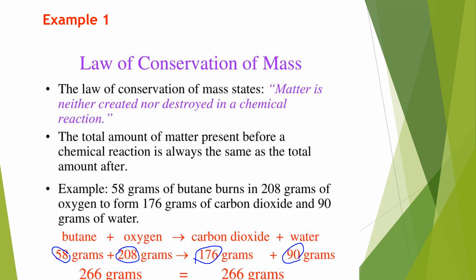If we add these amounts, it will give me 266 grams. It's totally equal to the amount of the reactants, which is 58 plus 208. It will give me 266 grams. This confirms the Lavoisier law, that the total mass of the reactants is equal to the total mass of the products.